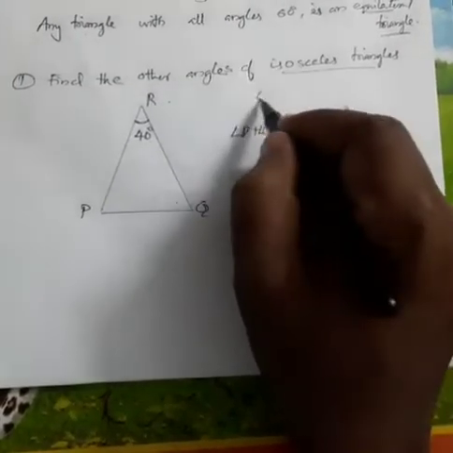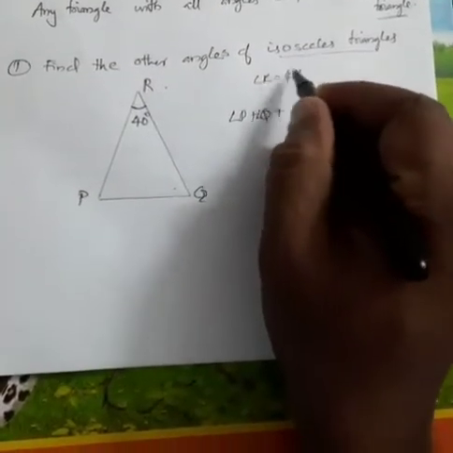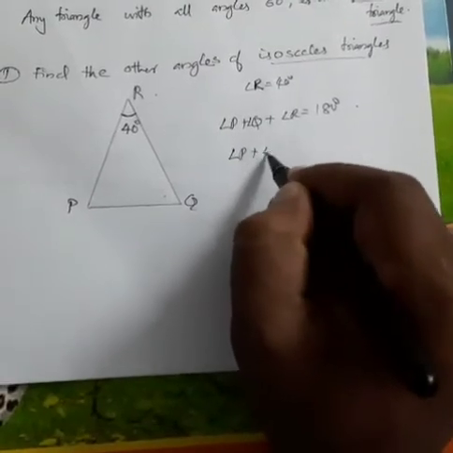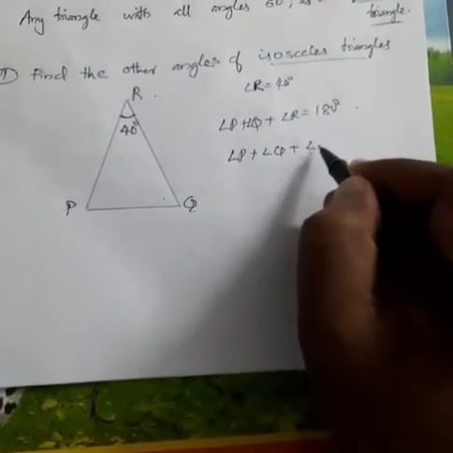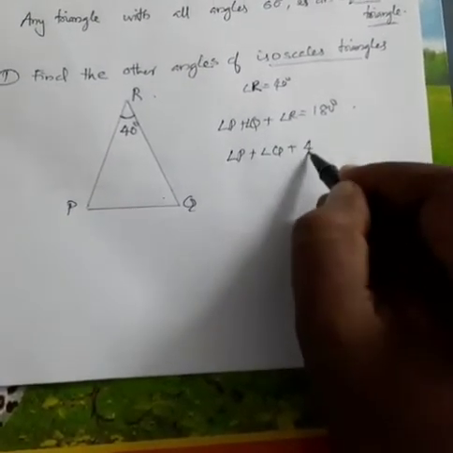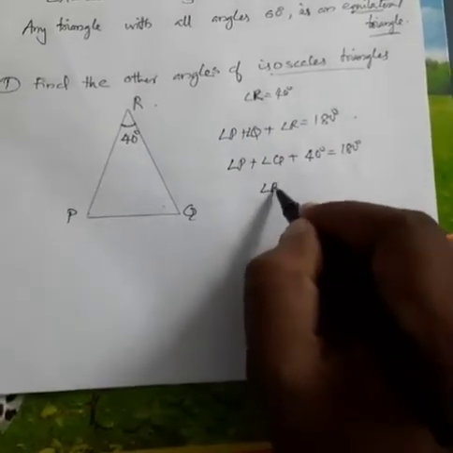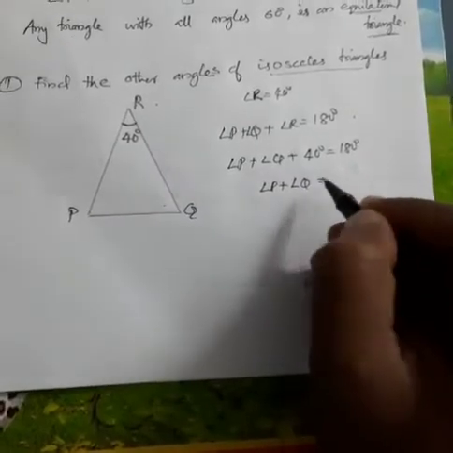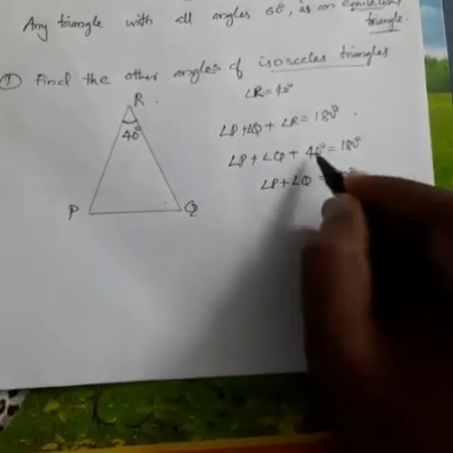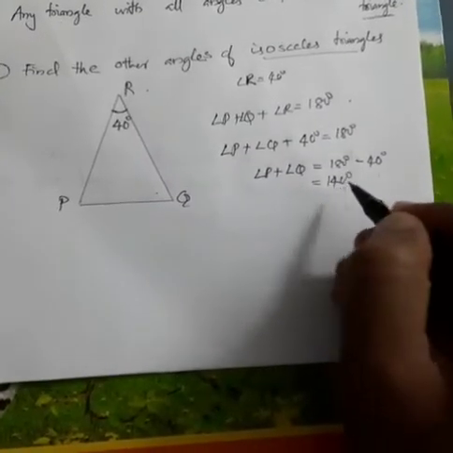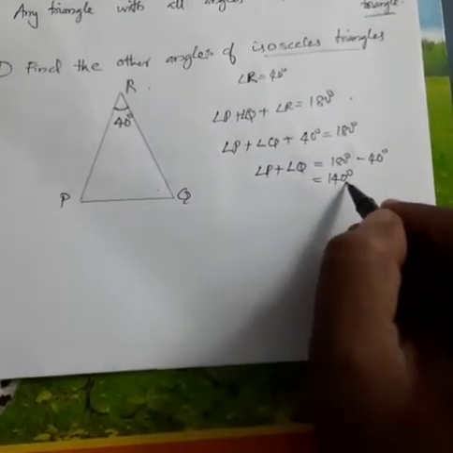In that, angle R is given as 40 degrees. So angle P plus angle Q plus 40 degrees is equal to 180. That is, angle P plus angle Q is equal to 180 degrees minus 40. So it should be 140 degrees. So the sum of two angles is 140.